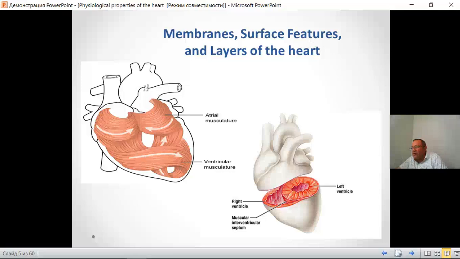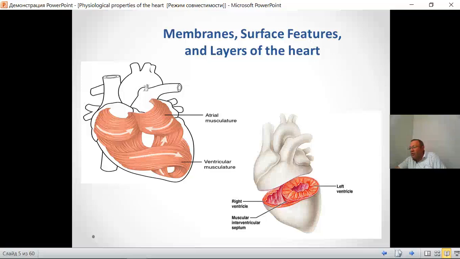Located between the two atria is the interatrial septum. Normally, in an adult heart, the interatrial septum bears an oval-shaped depression known as the fossa ovalis, a remnant of an opening in the fetal heart known as the foramen ovale.